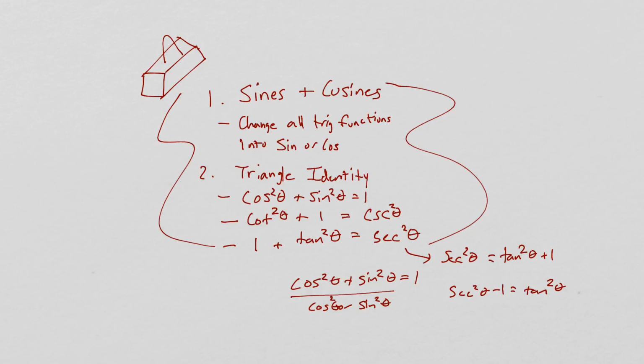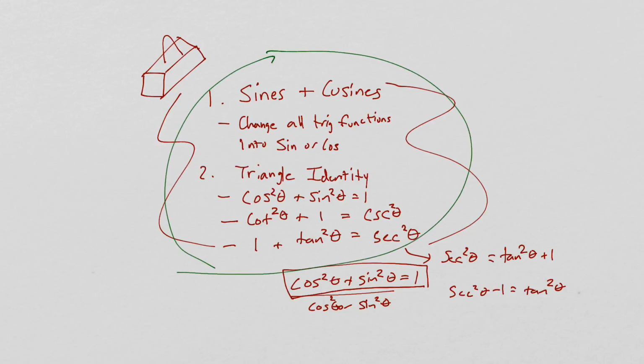But cosine plus sine is the only one where the two trig functions added together give you the positive 1. And so this is really easy. If you can remember this one, you can gather all the other ones just by dividing through by that cosine squared or that sine squared. So just remember everything in our nice toolbox here, and you should be good to go for these problems.